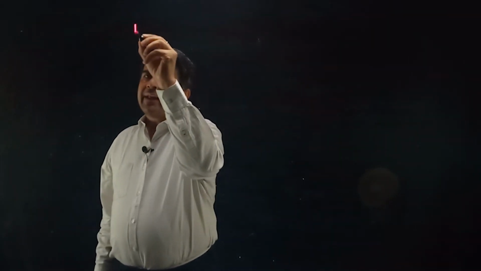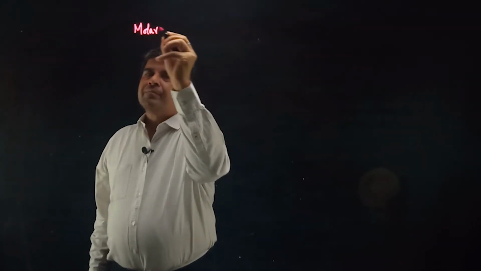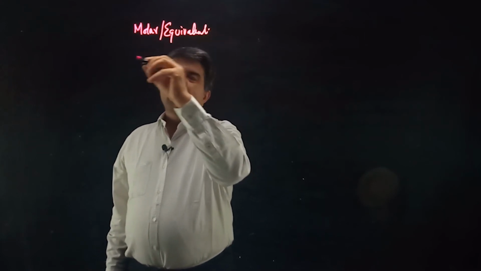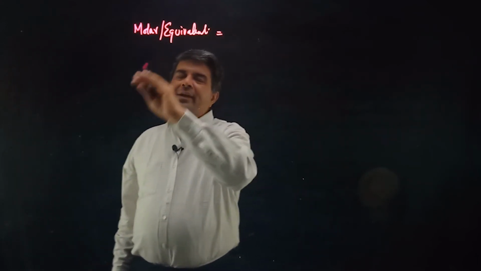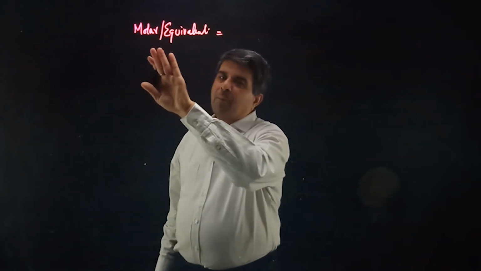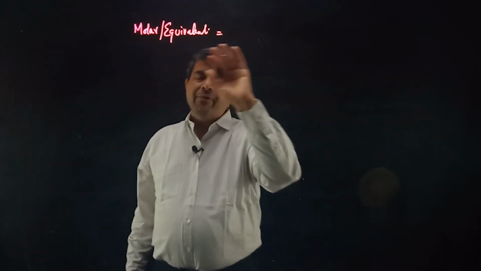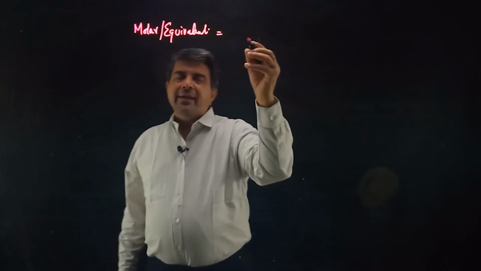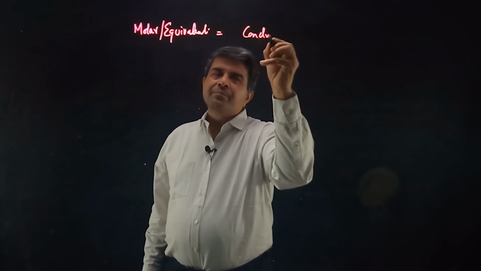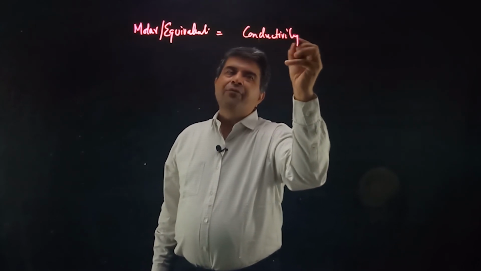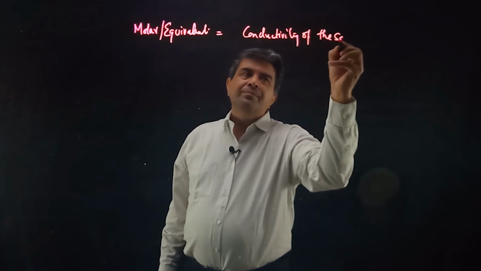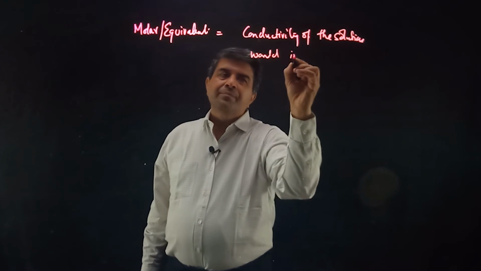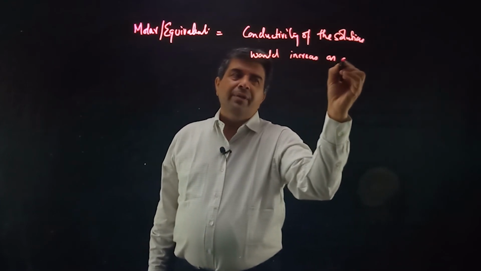So molar and equivalent conductivity are more or less same, only the difference is that here we are using molarity as a concentration, and in this we would be using normality as a concentration. So in these cases the conductivity of the solution would increase on dilution.